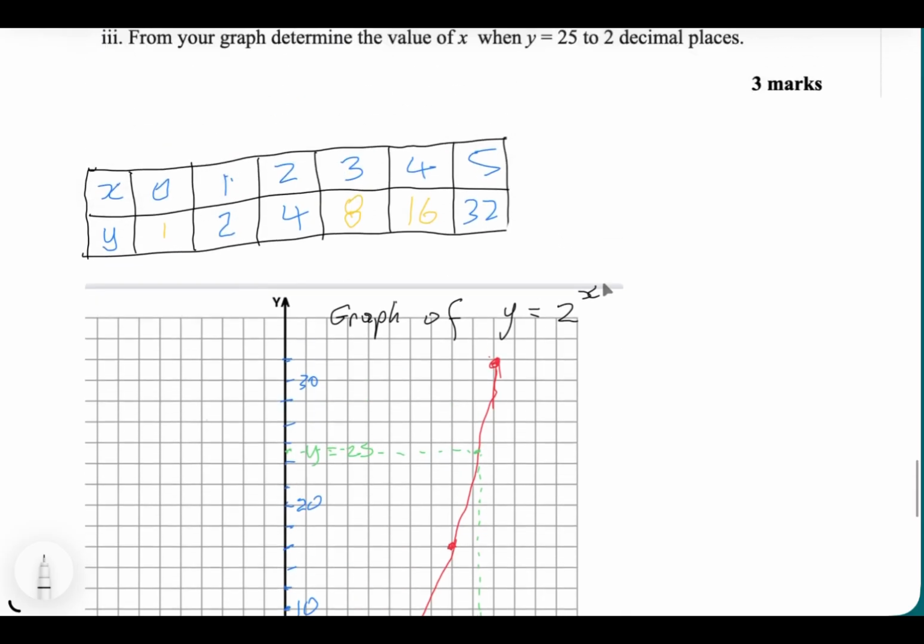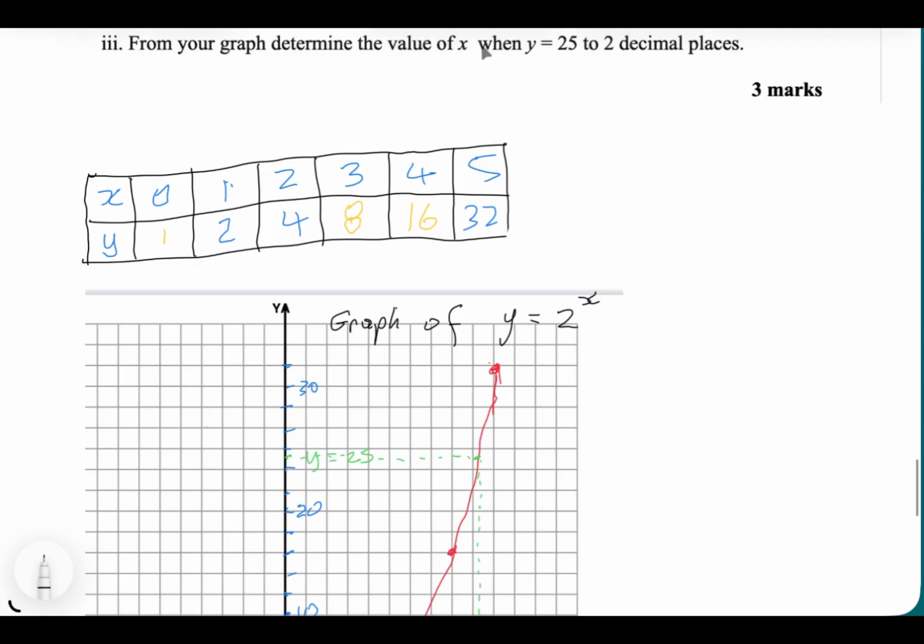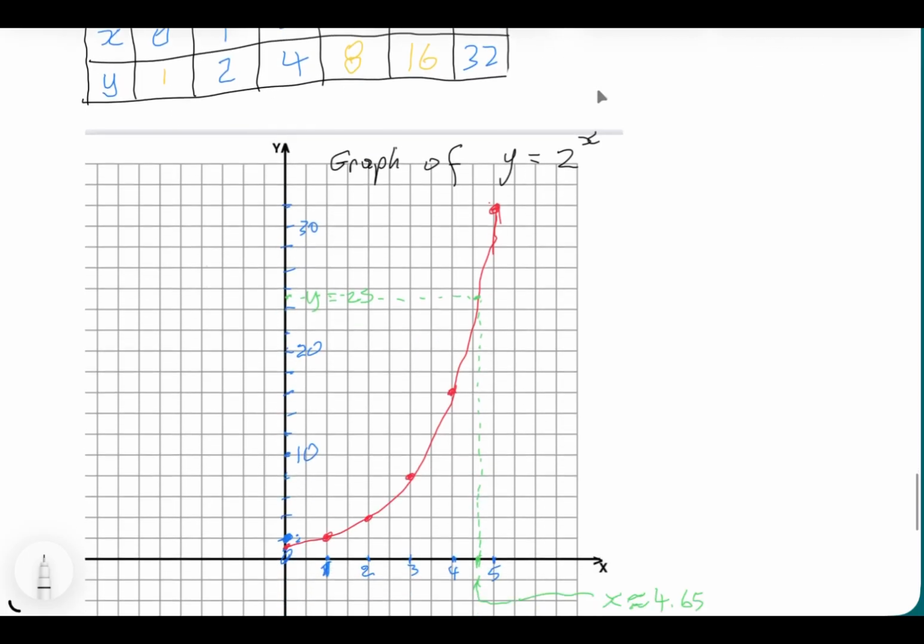The next part of the question asks us to use the graph to determine the value of x when y is equal to 25. So you find y equal to 25 on your y-axis. It's right there. Then draw a horizontal line across to the curve, and then a vertical line down to the x-axis. If you notice, this is just a little bit past 4.5. It looks like about 4.6.